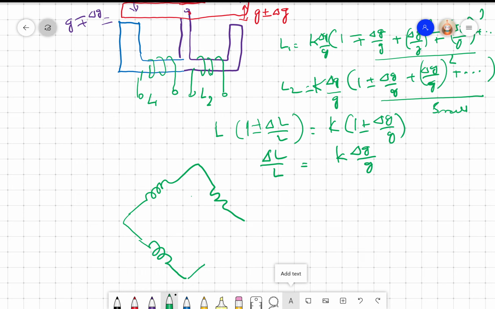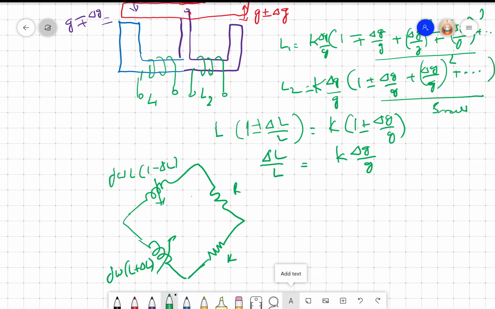The impedance would be j omega L into 1 minus delta L. This is decreasing, and let me say this is increasing, j omega L plus delta L, right?